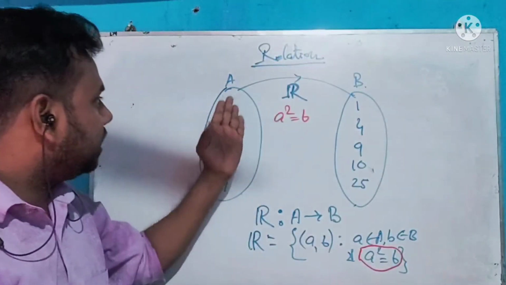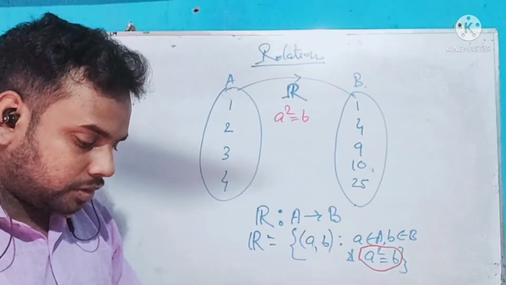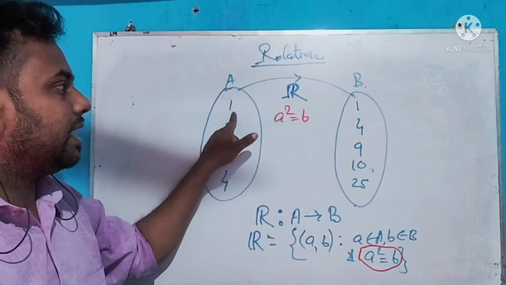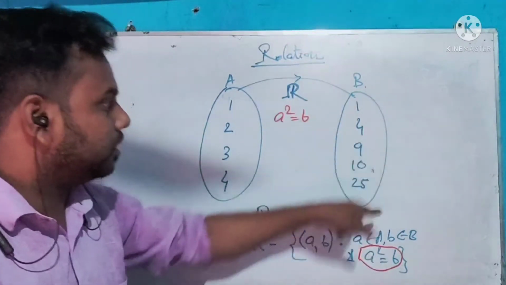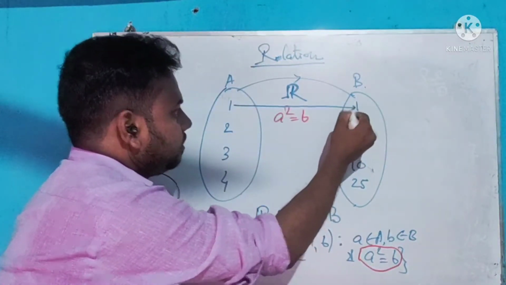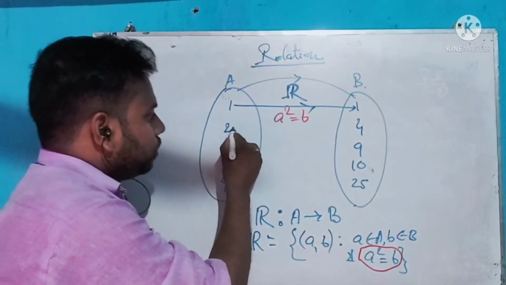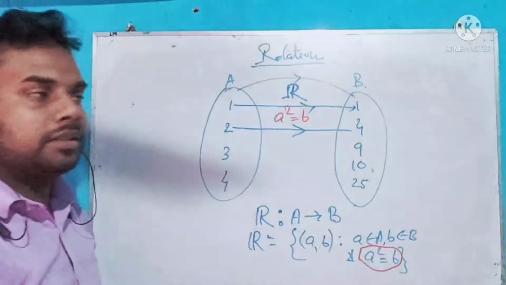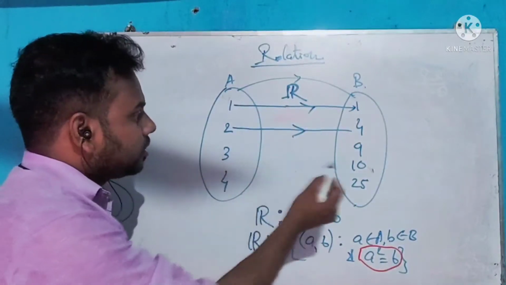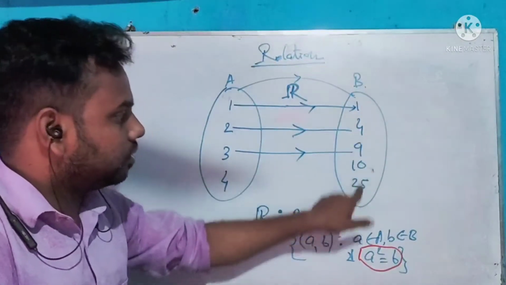So let's see how the elements of A are related to the elements of B by this relation. Here a square is equal to b, where a is an element of A and b belongs to B. If we square 1, then 1 is related to 1. If we square 2, then 2 is related to 4. Then 3 square is 9, so 3 is related to 9. Now 4 square is 16, and there is no 16.